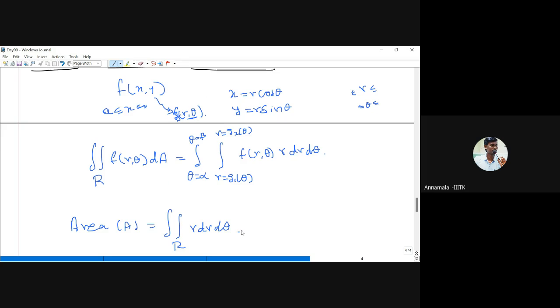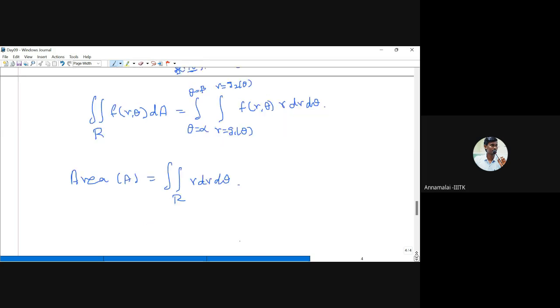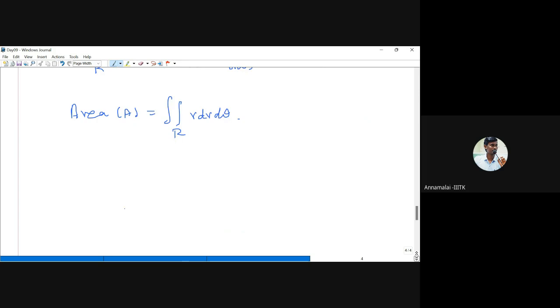Maybe we solve some problem with this. How to change the given function of x comma y to polar coordinates. So, exercise. Sometimes they will ask to find the polar moments, some other thing.